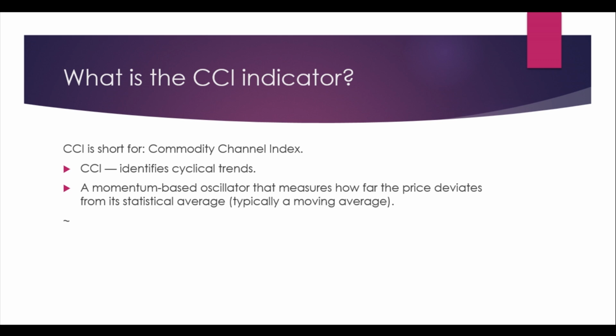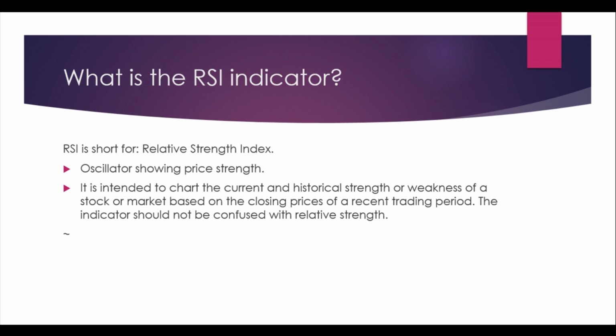And then what is the CCI? The CCI is the Commodity Channel Index. It identifies cyclical trends. It's momentum based and it measures how far price deviates from its statistical average, so basically your typical moving average. And then your RSI is short for Relative Strength Index.